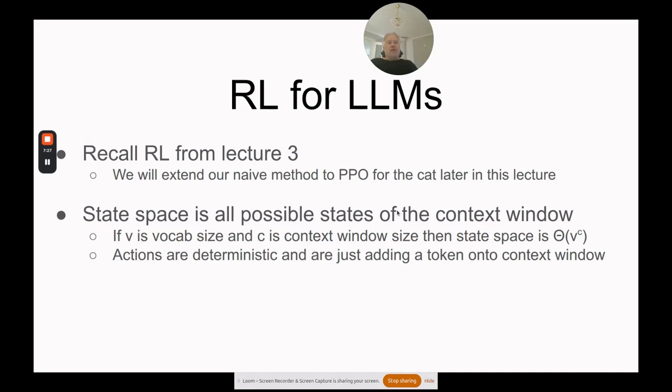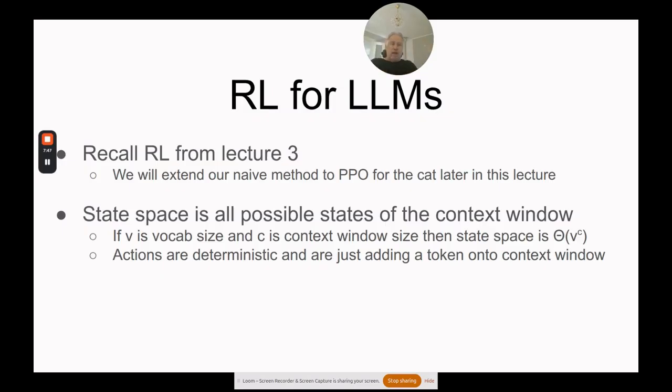So what are the actions then in this state space? If I have a whole bunch of tokens in the context window, but it's halfway filled, then I have 1,000 different tokens. I can take 1,000 different actions, which basically means I put in the next token, right?